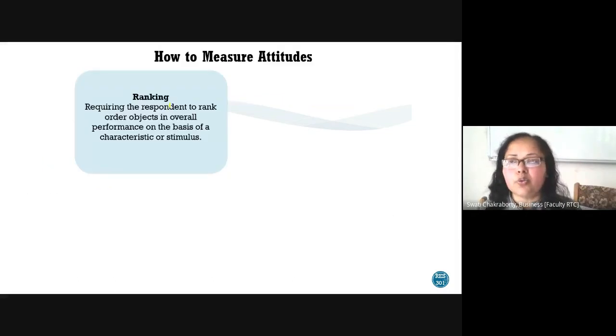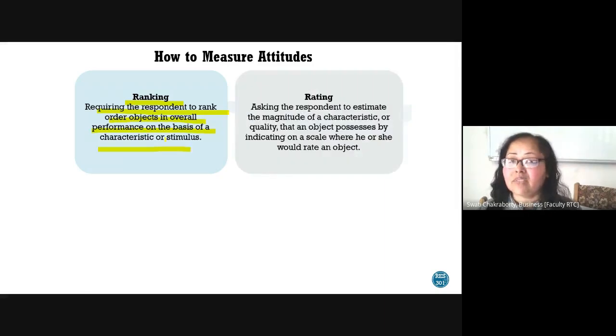So how do we measure attitudes? One is ranking, requiring the respondent to rank the order of objects in overall performance on the basis of a characteristic or stimulus. It could be on the basis of rating, where you ask the respondent to estimate the magnitude of a characteristic or quality that an object possesses by indicating on a scale where he or she would rate an object.